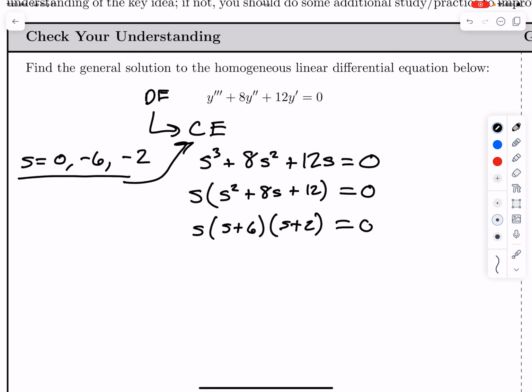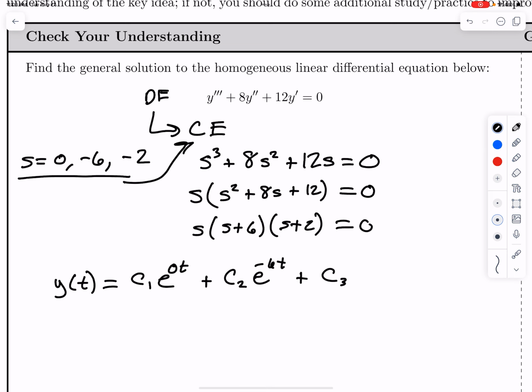Of course, that means we can use those values of s to give us a solution to the differential equation. So our general solution, y of t, should be c1 e to the 0t plus c2 e to the -6t plus c3 e to the -2t.